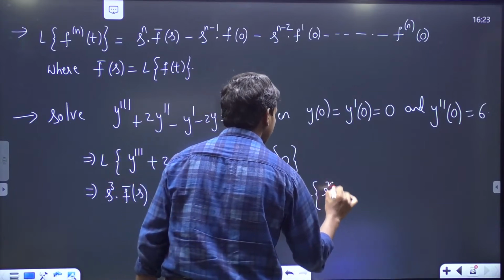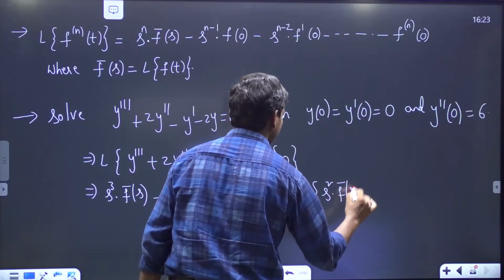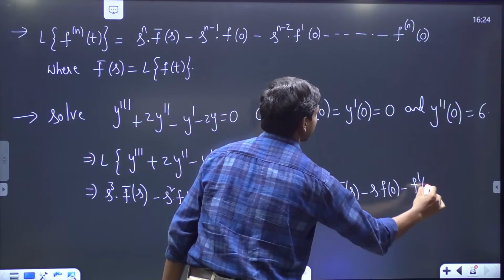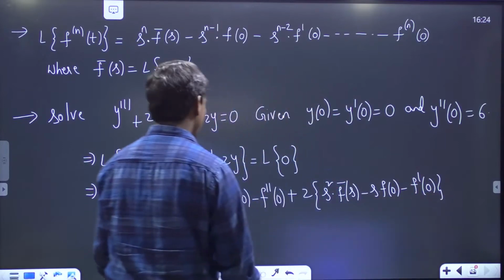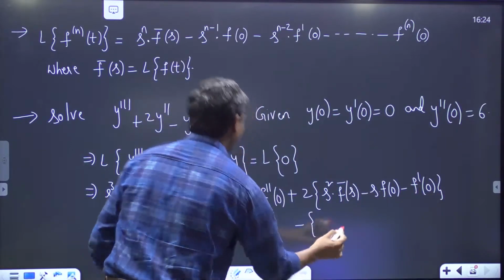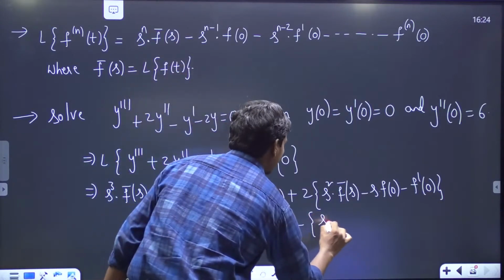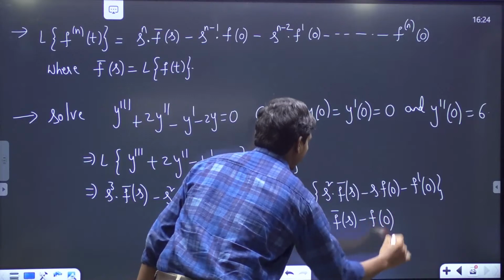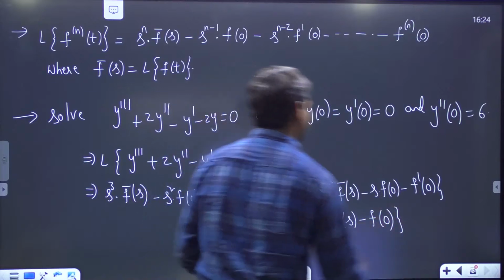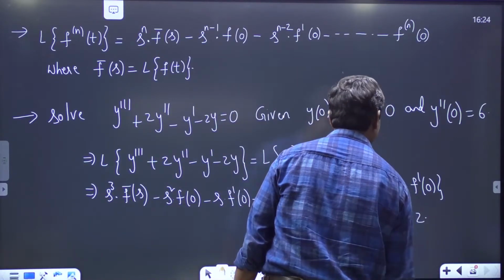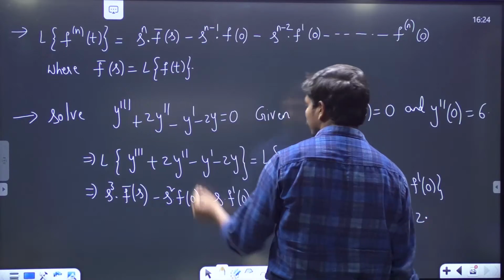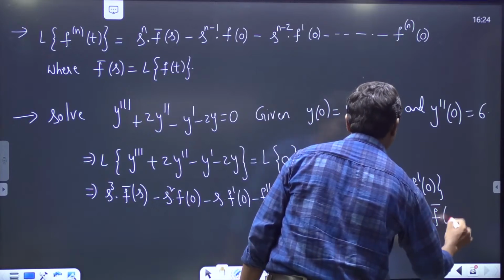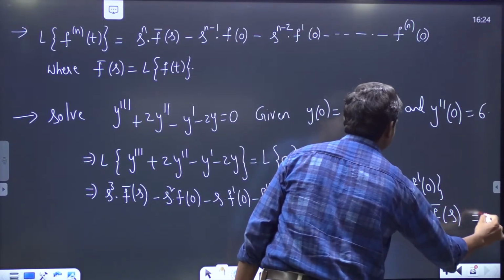Y double dash is s square into f bar of s minus s into f of 0 minus f dash of 0. Next, minus y dash. Laplace of y dash is s into f bar of s minus f of 0. Next, minus 2 into Laplace of y. Laplace of y is nothing but, if y is some function f of t, f bar of s. This is equal to 0. This is what we have.